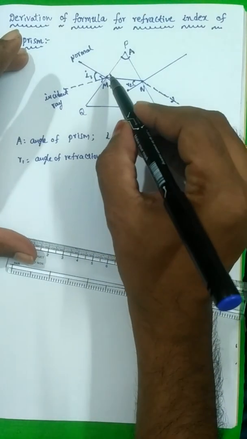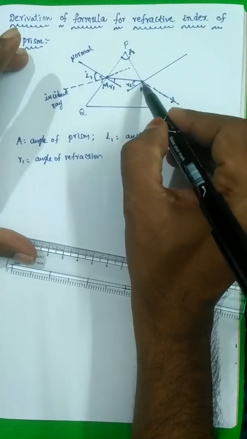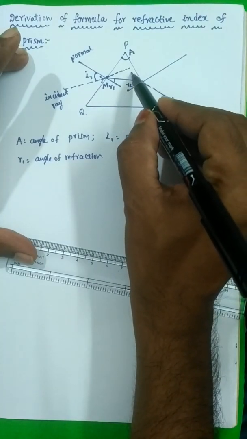Now we have to extend these rays. This is the ray we are extending like that, and this is the emergent ray we are extending like that.